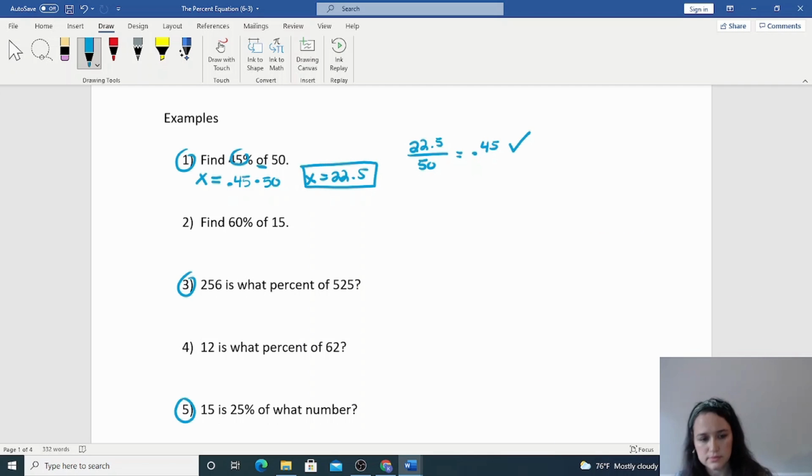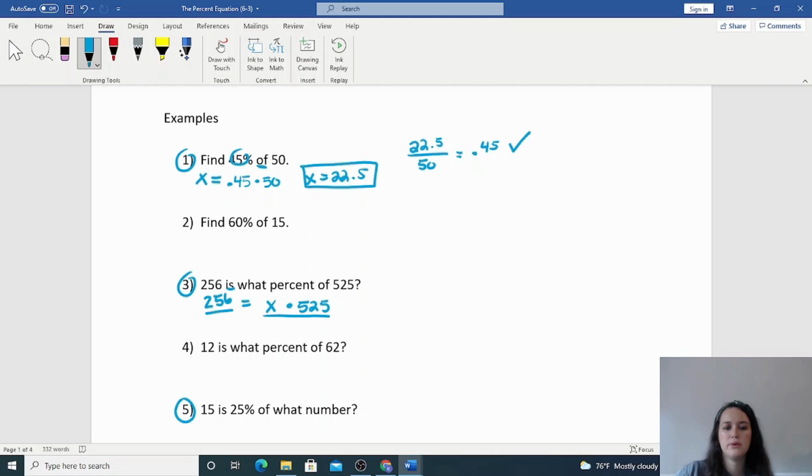Cool. I'm going to do the same thing with these. Anytime you see "is" or "find," we're going to put our equal sign. 256 is what percent? There's my unknown x, of, times 525. You're welcome to rewrite that as 525 with the x on the end if you're comfortable with that notation.